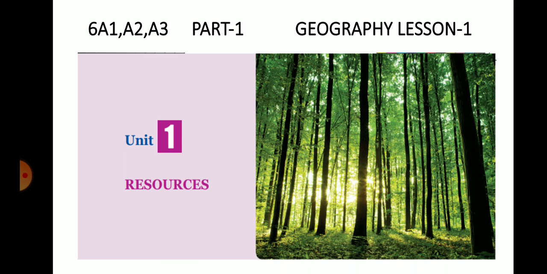After getting this information, she told her mother, it's getting late, I want to go to school, so I'm leaving. This is a small illustration to get information about resources. So let's move into our lesson.